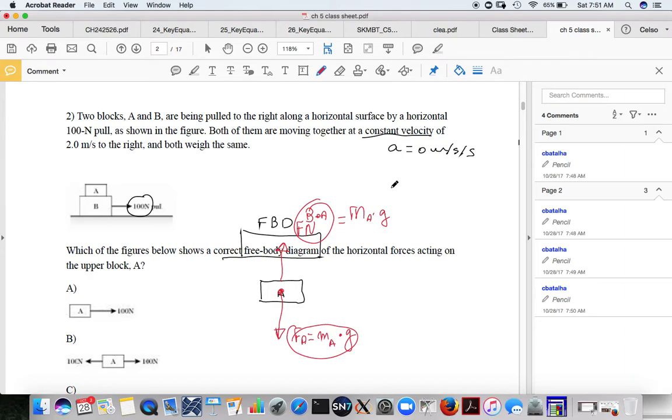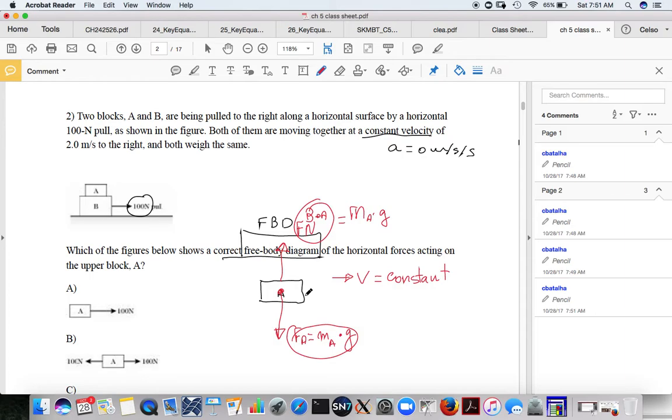But see, if this block moves to the right with a constant velocity, it means the net force on block A must be 0. So you might think, well, friction is responsible for moving it along. But that's not true, because there is no friction there.